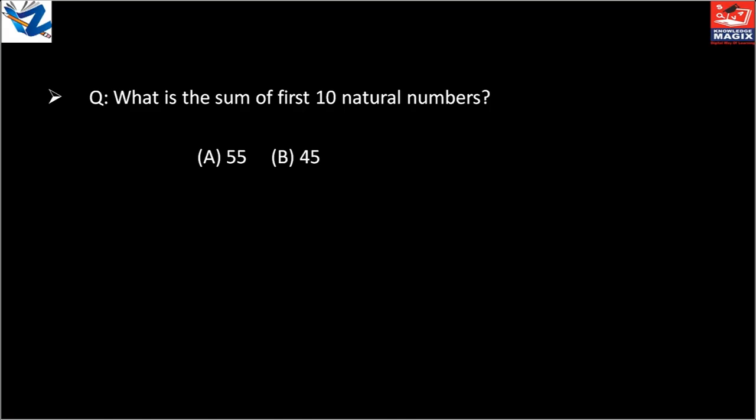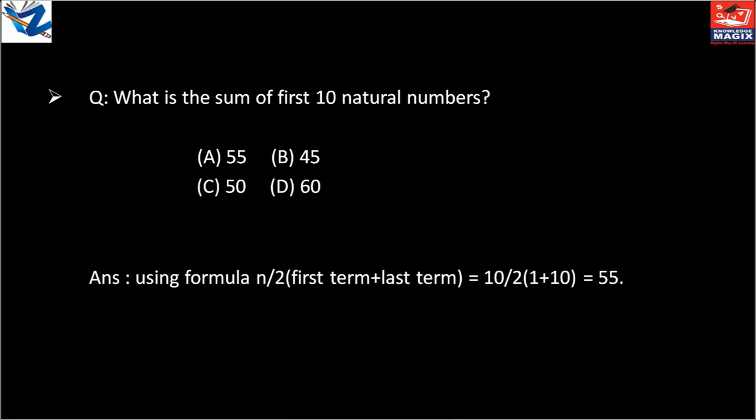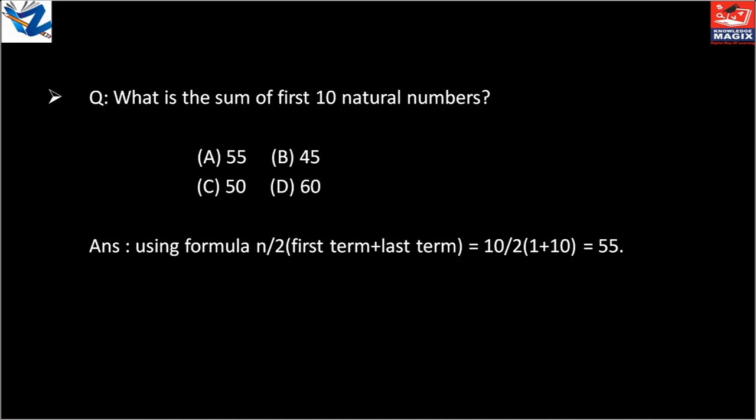Option A: 55, B: 45, C: 50, D: 60. Answer: using formula n upon 2 first term plus last term is equal to 10 upon 2 into 1 plus 10 is equal to 55. So the answer is option A.